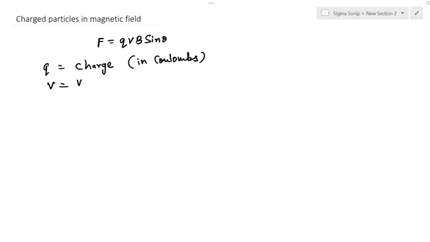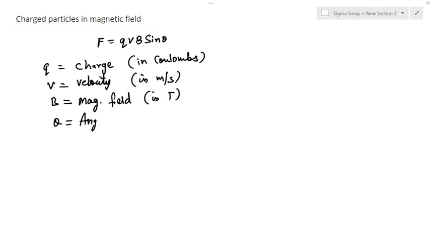V is the velocity, which should always be in meters per second, and B is the magnetic field, which should be in Tesla, and theta is the angle between B and V. Now we can infer from this equation that if V equals 0, then F equals 0.